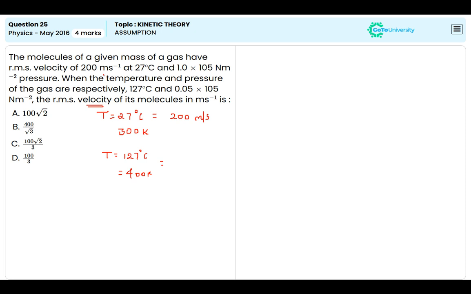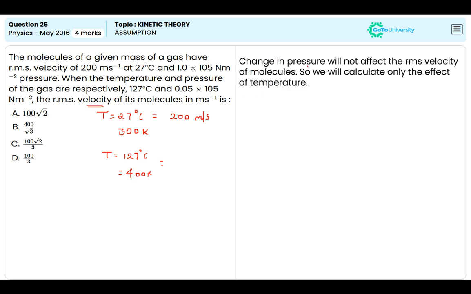Okay, so here we know that change in pressure will not affect the RMS velocity of molecules. So we will calculate only the effect of temperature here.